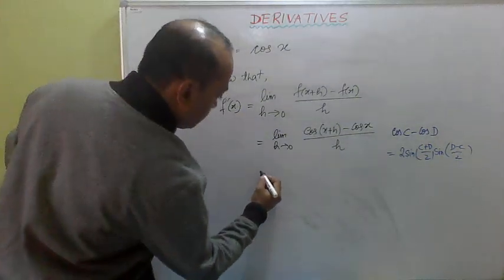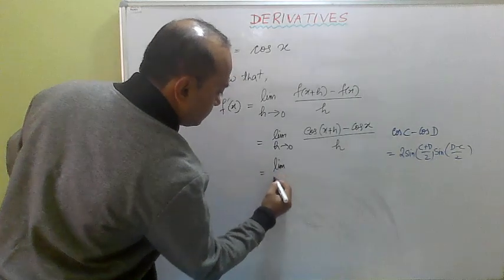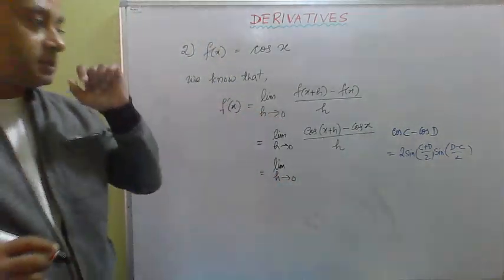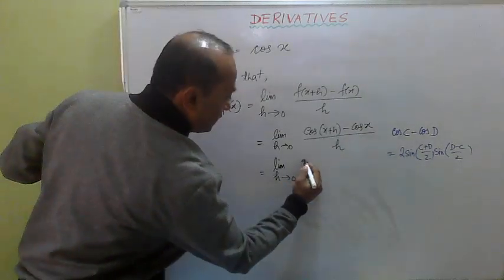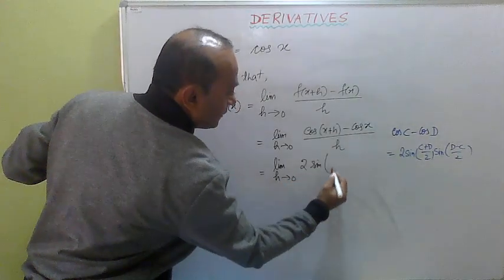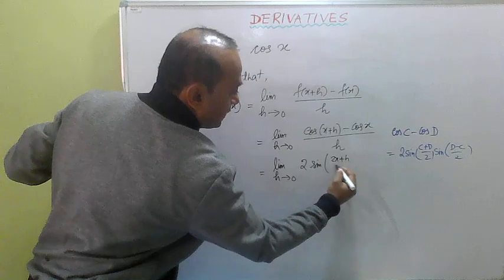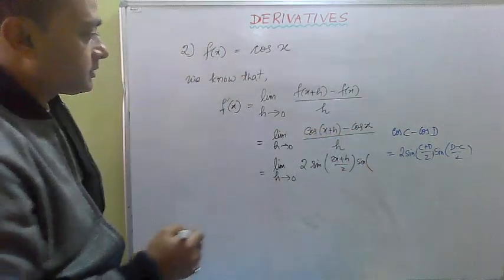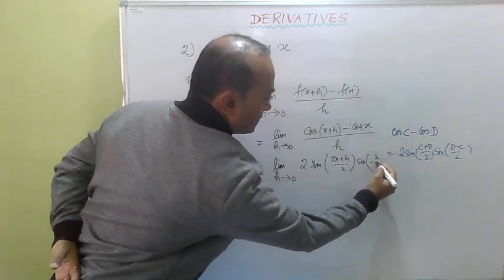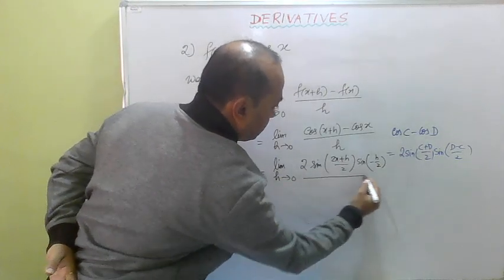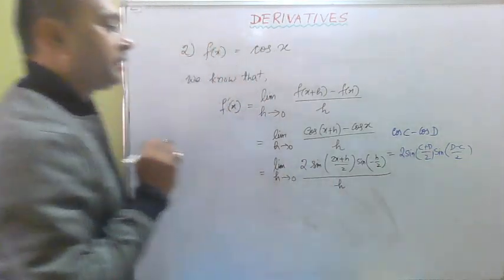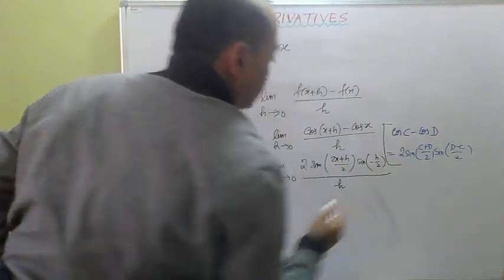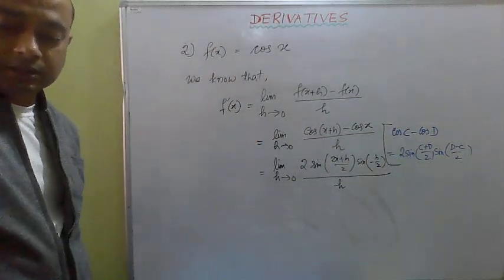Okay, so limit of h tends to 0, 2 sin((2x plus h) by 2) and sin((x minus (x plus h)) by 2), that is minus h by 2. The entire thing will be divided by h. We have directly used the formula that I have written on the right hand side.